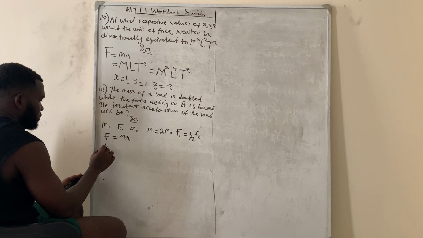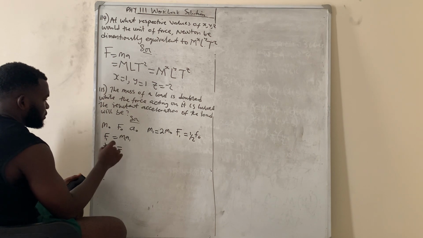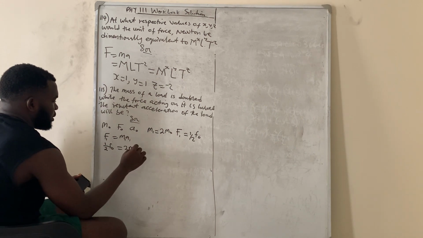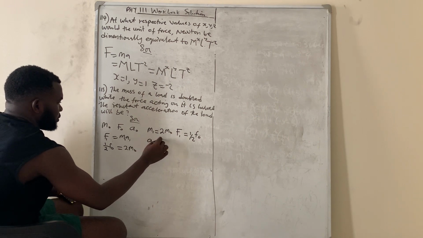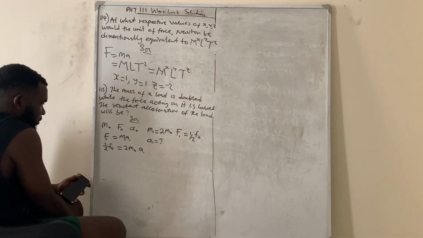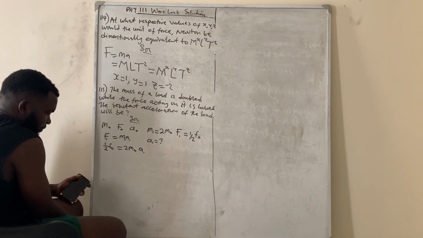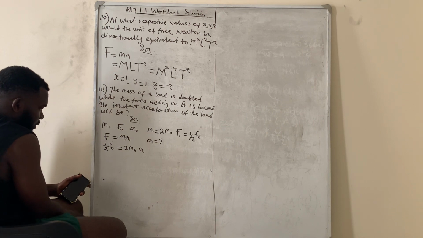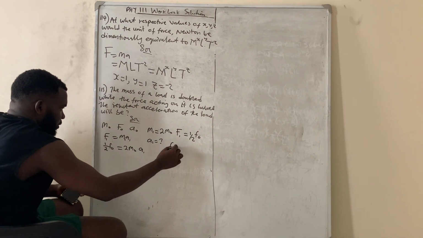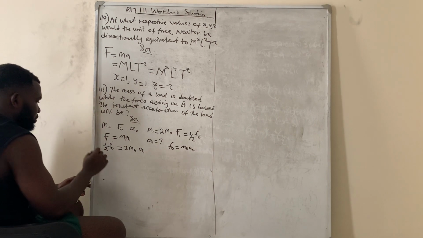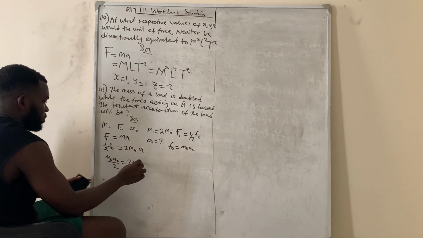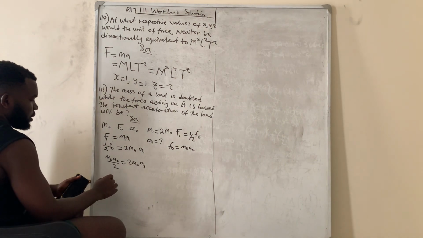So 1 over 2 F0 is equal to my m1, which is 2 m0, times a1, which is unknown. If I make a1 the subject of the formula, F0 is the same thing as m0 a0. So m0 a0 over 2 is equal to 2 m0 a1.